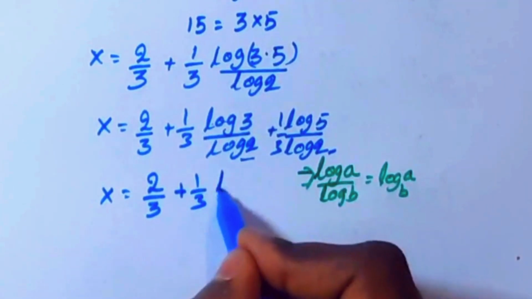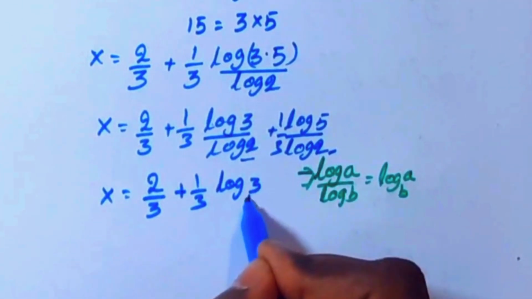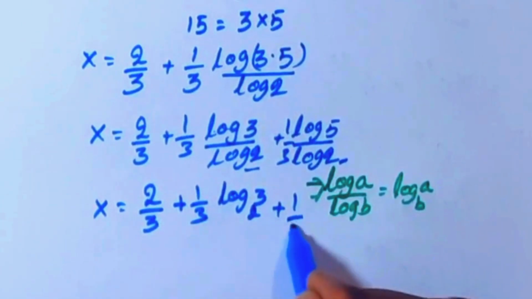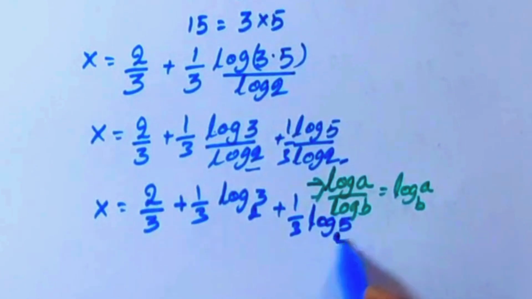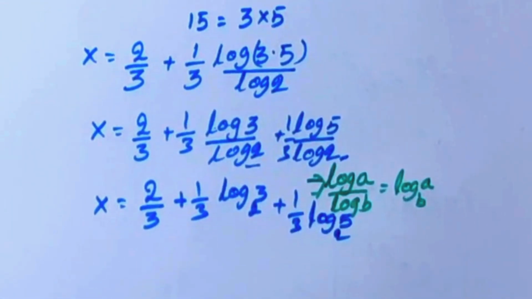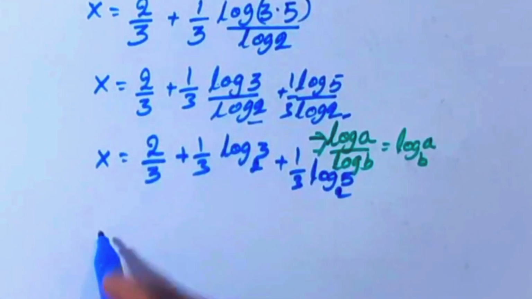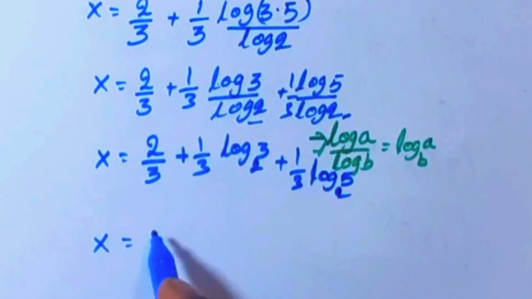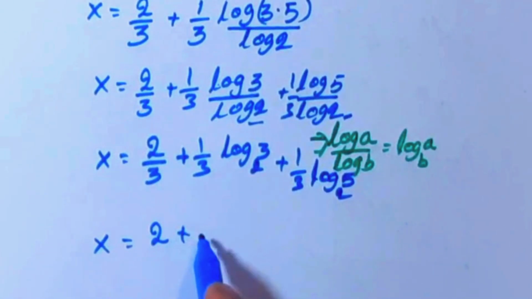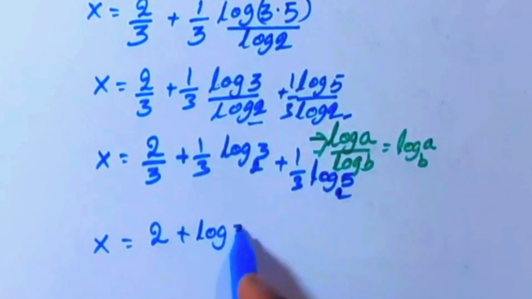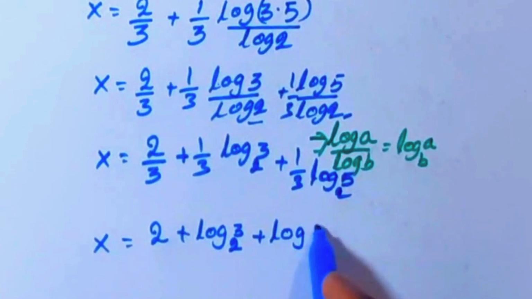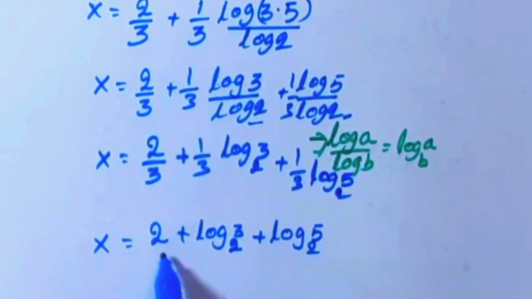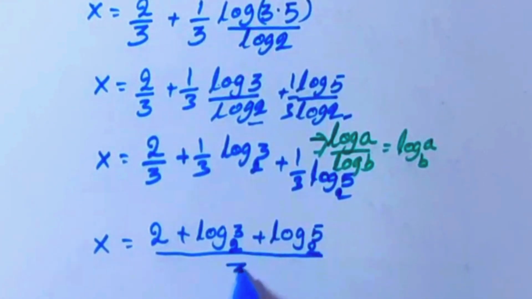So log 3 base 2 plus 1 by 3 log 5 base 2. Now x equal to (2 plus log 3 base 2 plus log 5 base 2) whole divided by 3.